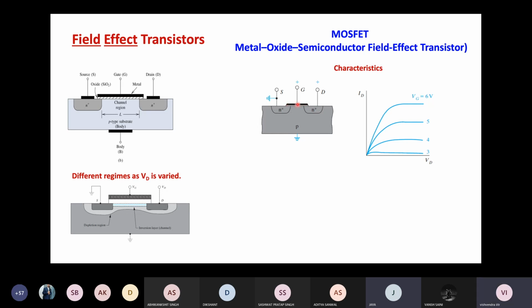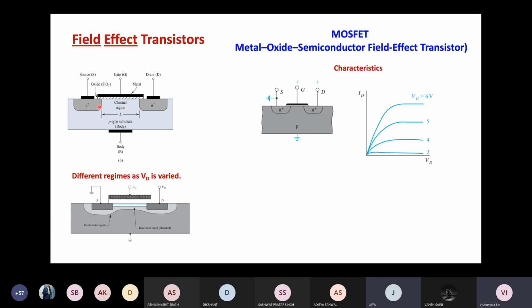There is an important thing here. The third terminal is not connected to these two terminals directly. There is an insulator between the gate and the semiconductor, and this insulator is silicon dioxide, SiO2. So in a way, we have a metal, the gate metal, an oxide, and a semiconductor.